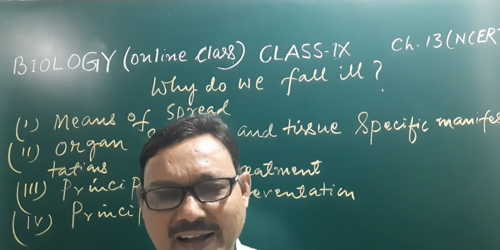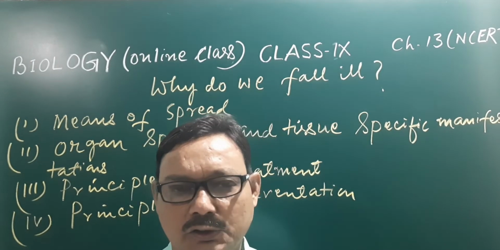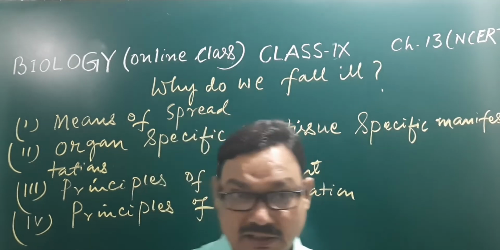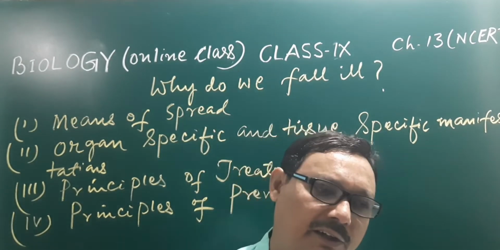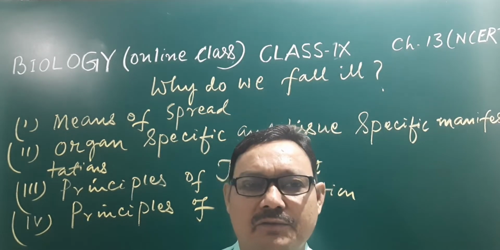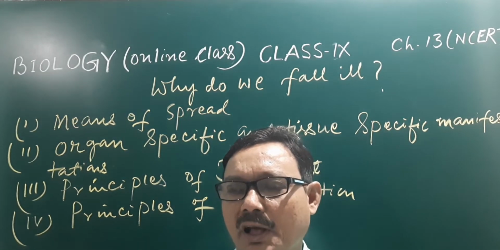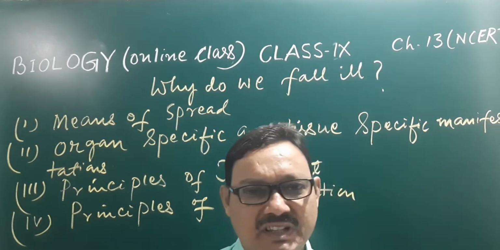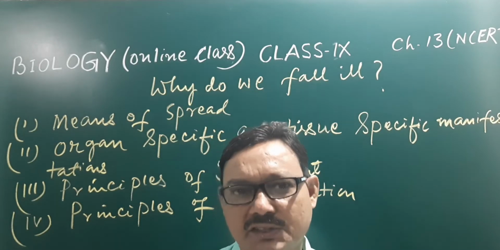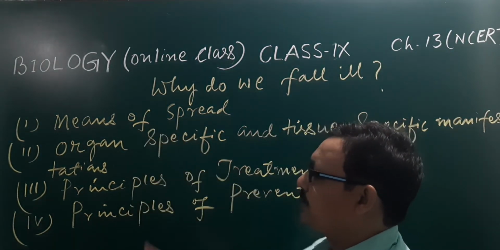You will know that disease mainly spreads through the air, through contaminated water, through different vectors, which are animals like the mosquito, and by physical contact. All these things we will see in detail in this part.